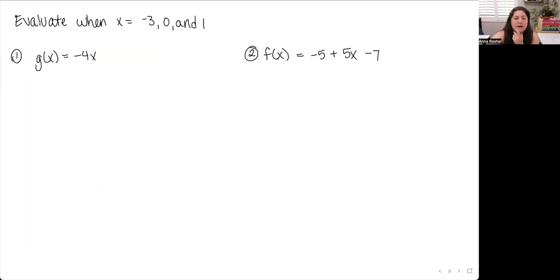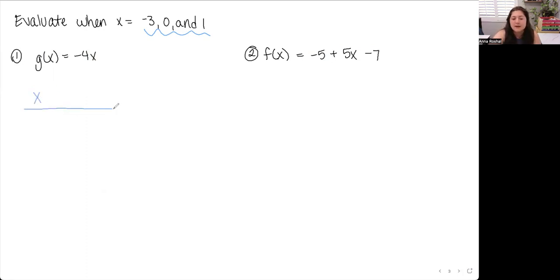All right, so here we're asked to evaluate. Now, because we're given x equal to 3 different values, we can do a couple of things. The first thing I like to do, because I think in tables, is go in and say my g of x is equal to -4, but put it in a slightly different form.